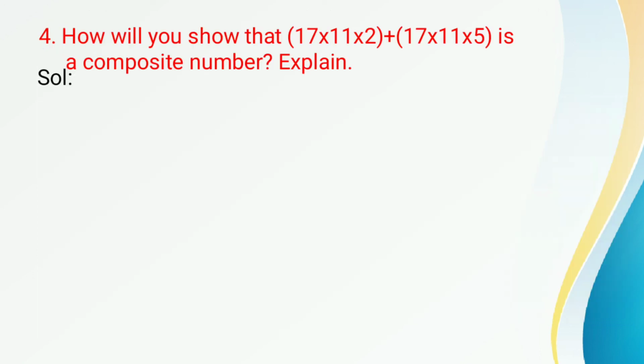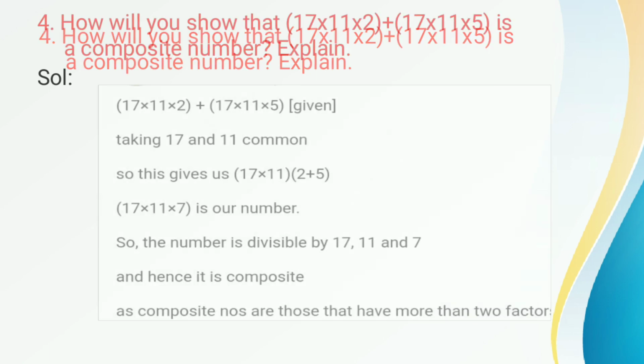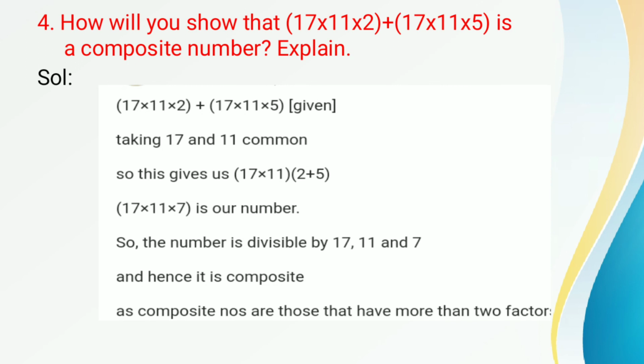Coming to the next problem. How will you show that 17 into 11 into 2 plus 17 into 11 into 5 is a composite number? Coming to the solution. 17 into 11 into 2 plus 17 into 11 into 5 is given in the question.